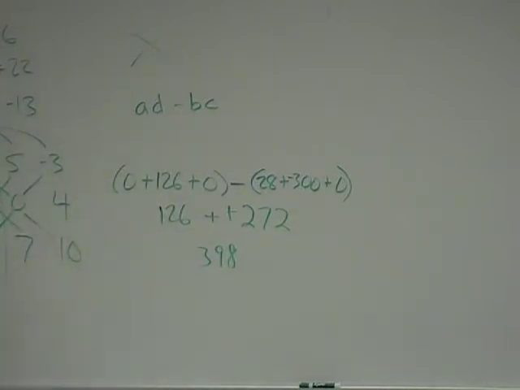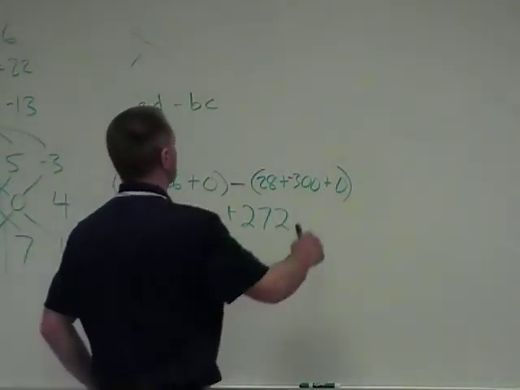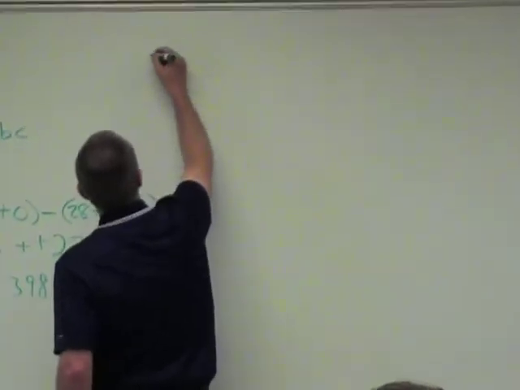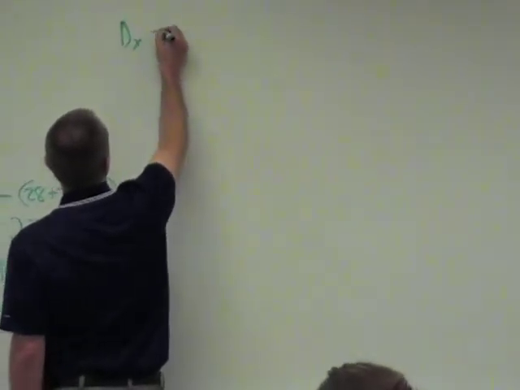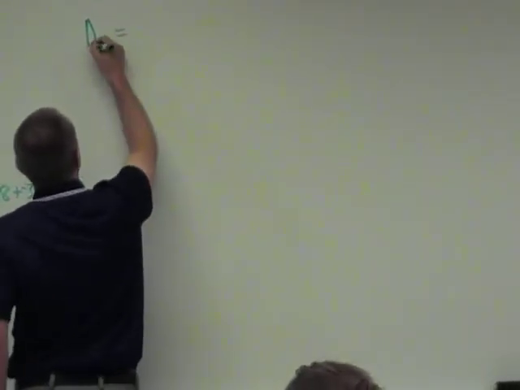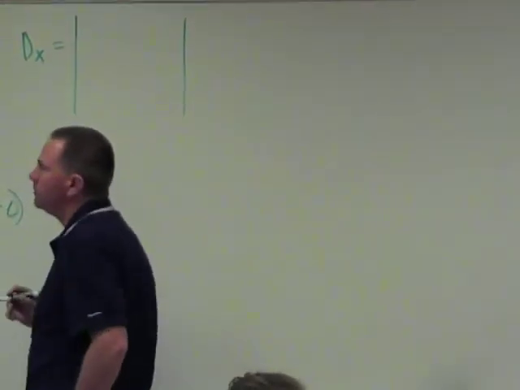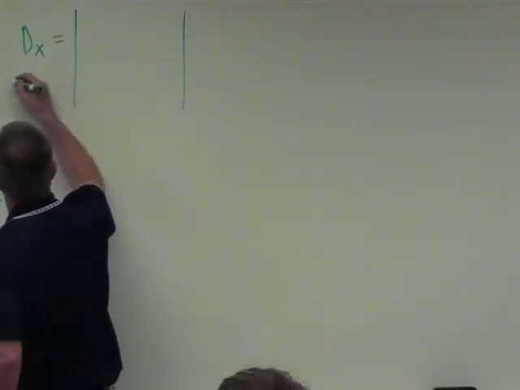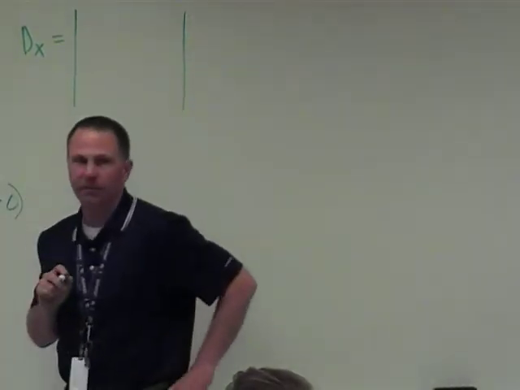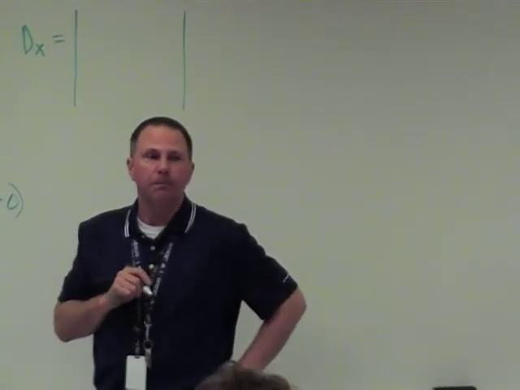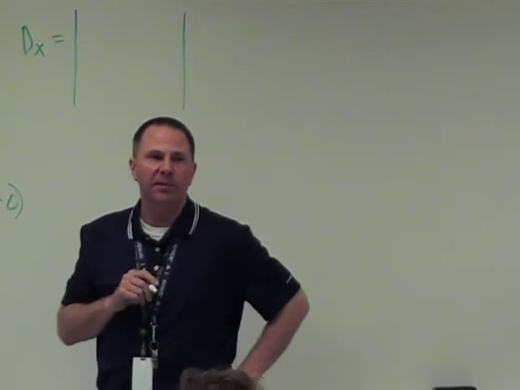So what you're going to do now is you're going to find d sub x, d sub y, and d sub z. So I'll get you started, and then you guys do the work. So, Bailey, how am I going to set this up? I'm finding d sub x, the determinant. What am I replacing?